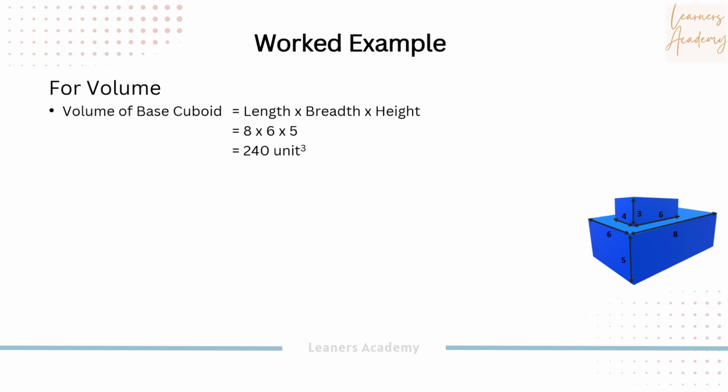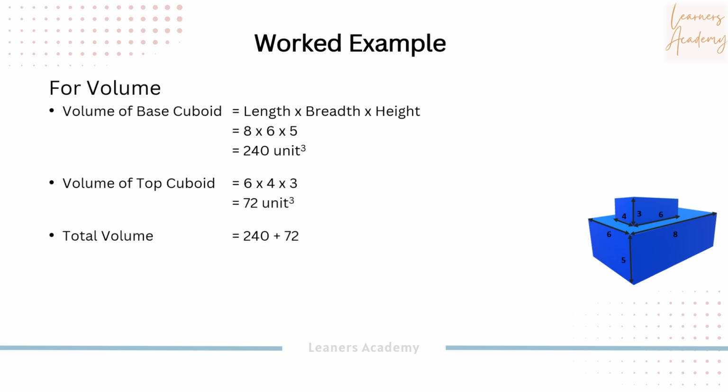For the volume of the top cuboid, it would be 6 into 4 into 3 or 72 unit cube. So the total volume of the shape would be 240 plus 72, which comes out to be 312 unit cube.